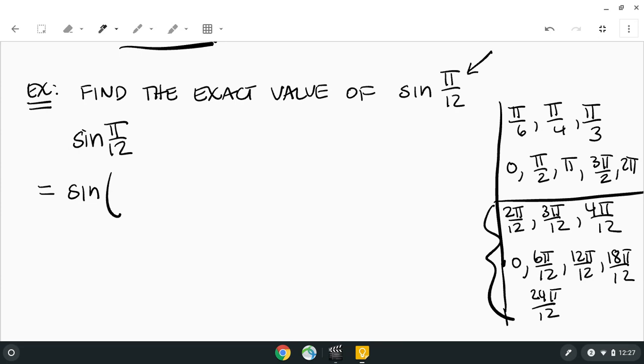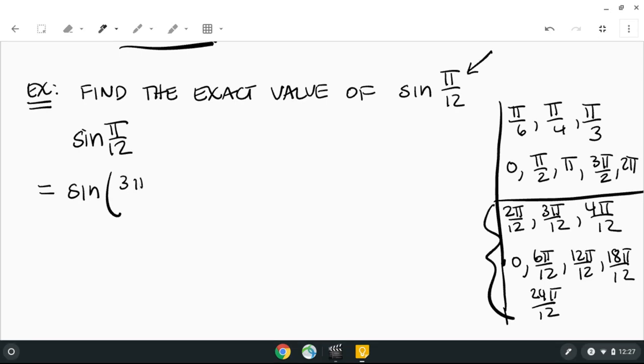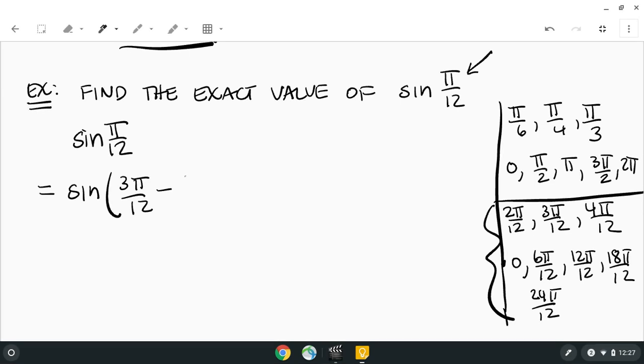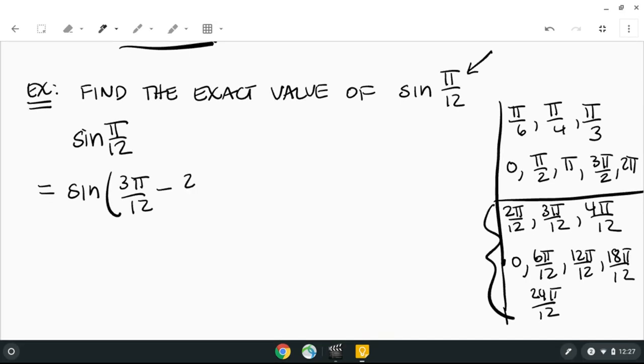Okay, all right, so let's just do 3 pi over 12 minus 2 pi over 12. Okay, and we know that that is the same as pi over 4 minus pi over 6.